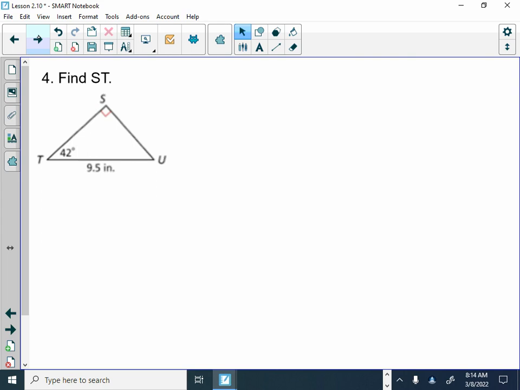This is adjacent to this, and this is adjacent. But you've got to check if it's a hypotenuse or not. Is it opposite the right angle? It's this one. If it's adjacent, you've got to check to see if it's a hypotenuse. Adjacent can only be a leg. Adjacent cannot be a hypotenuse. Don't forget what hypotenuse means. Don't throw that out the window.